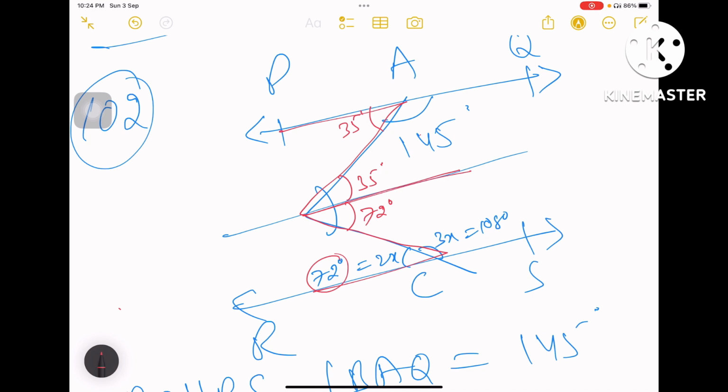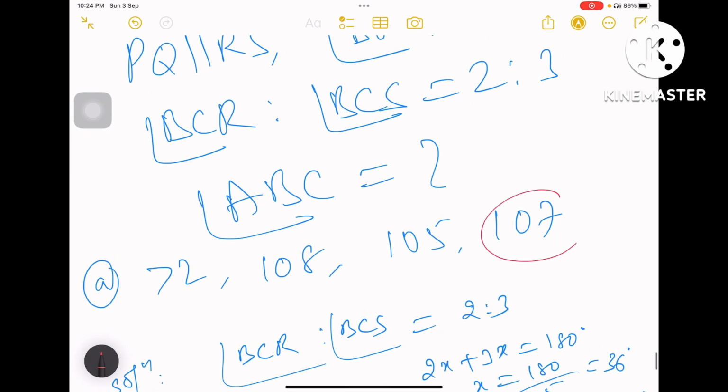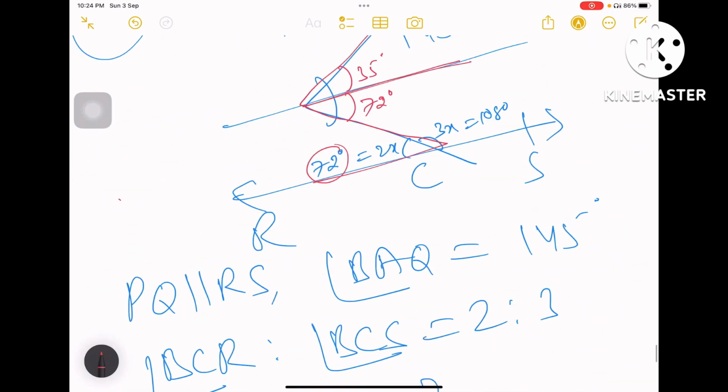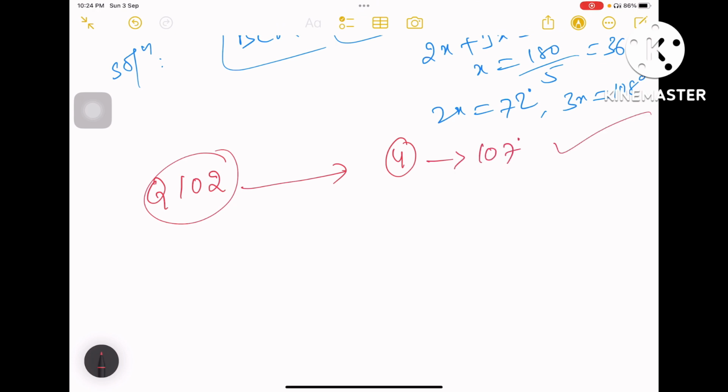So it is actually 72 plus 35, that is 107 will be the answer. That is the fourth option for question number 102. The option number 4, that is 107 degrees, is the correct answer.